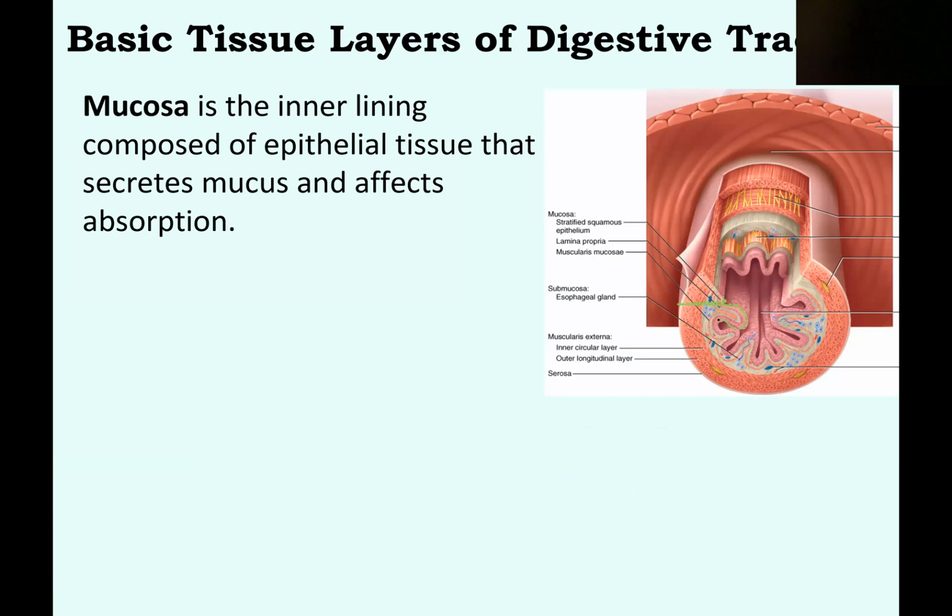So here it's this pink, highly convoluted surface. These folds allow for expansion. If the epithelial tissue is stratified, it's going to reduce or prevent absorption. If it's simple, then it's going to facilitate absorption.